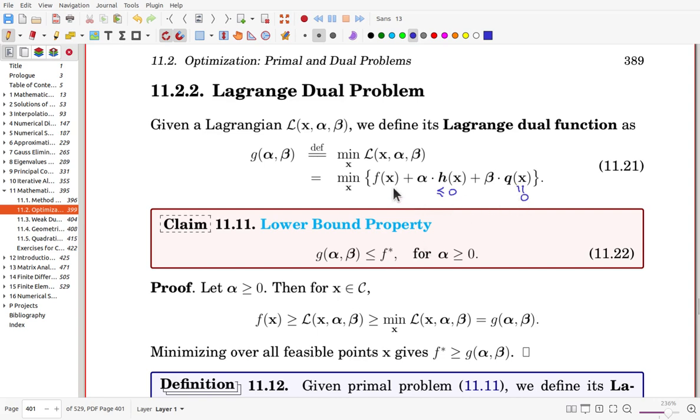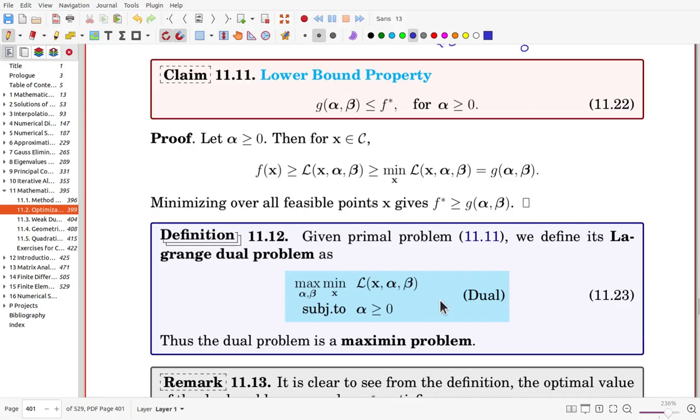So f of x is always satisfying this one. And then you are taking the minimum over x, so that again, possibly it becomes smaller. And that is, by definition, g of alpha beta. So we have this lower bound property. This dual function is always below the primal solution.